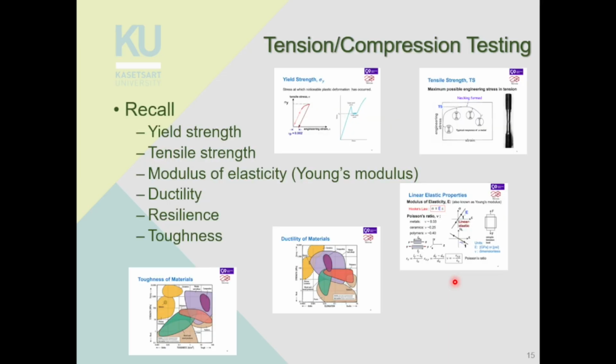Okay, so what you should know now is what the yield strength of a material is, and what the tensile strength or ultimate tensile strength is, like the peak of the graph. You should know about the elastic modulus, or Young's modulus.